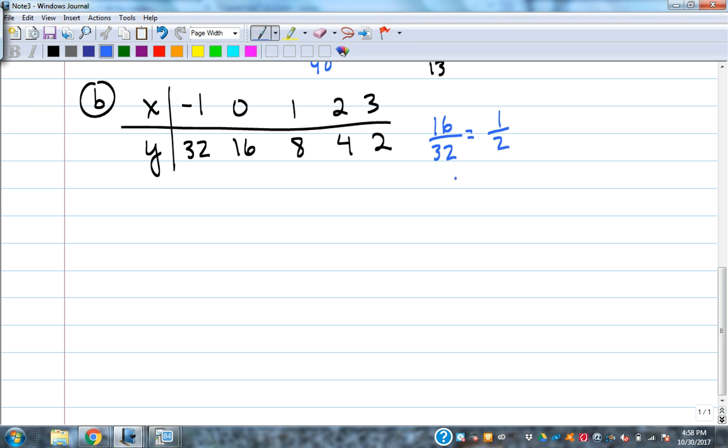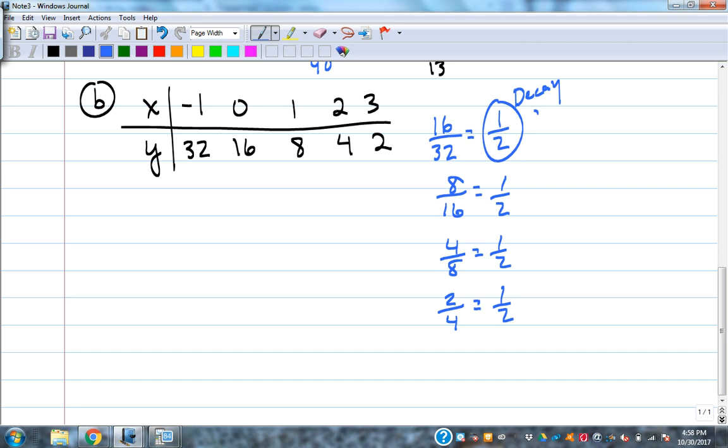Half. 8 divided by 16. Half. 4 divided by 8. Half. 2 divided by 4. Half. It's a half every time. That's our decay. This is exponential decay.